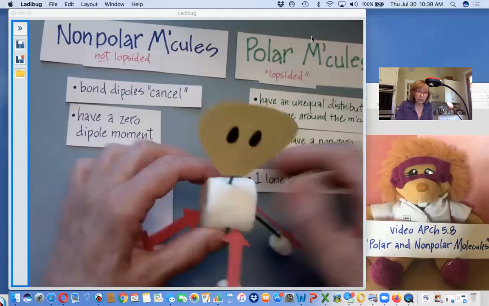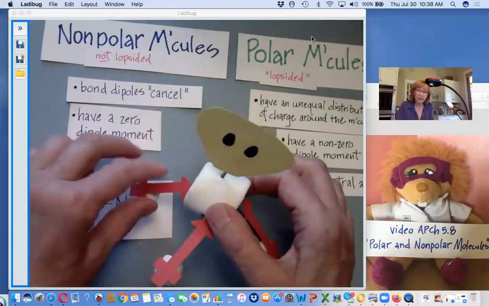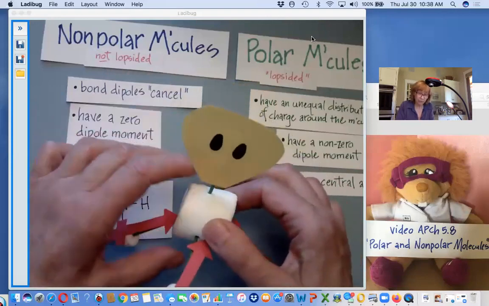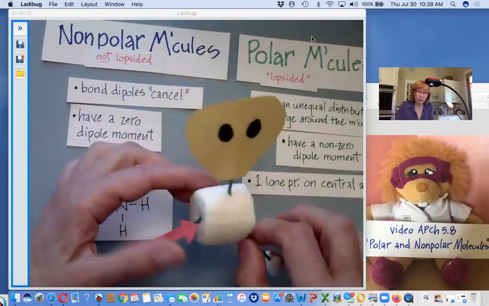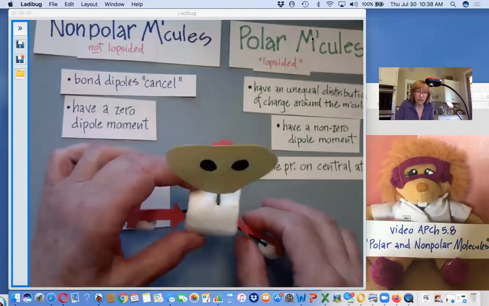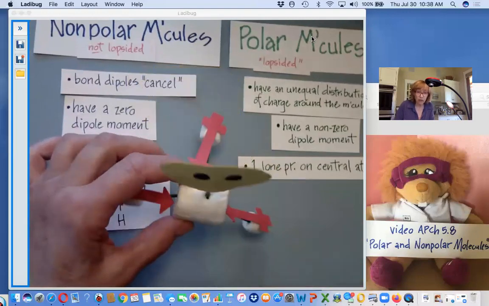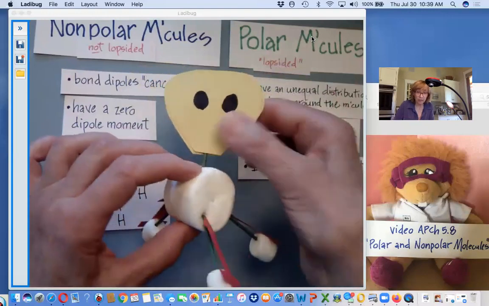So here is ammonia. 4 electron domains. This is not planar. This is not flat on the paper anymore. So this is a 3-dimensional structure with 3 of the domains being bonds and 1 domain being the lone pair.